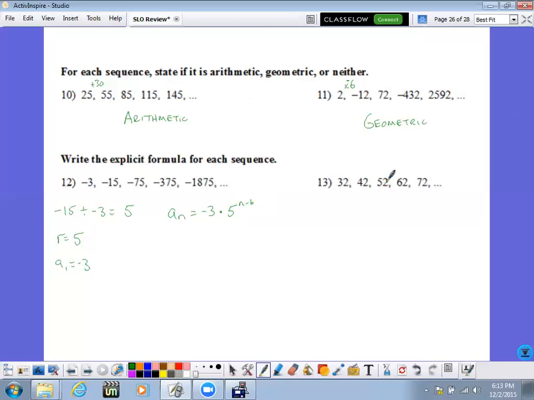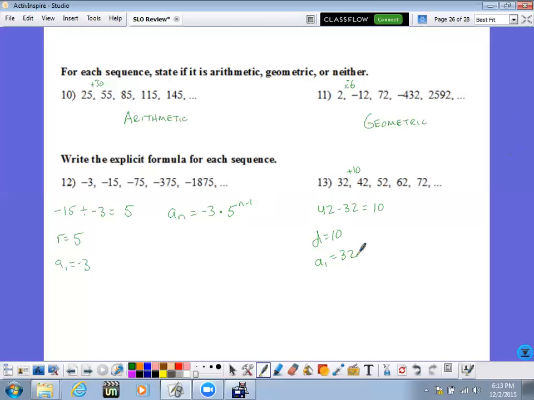This one, see how my numbers, you can see like we're ending in 2 every time. That should be kind of a hint. We're going up by 10. So we could have done 42 take away 32, and it gives me 10. Every time I do that, it should give me the same thing, 10. So that tells me my difference. And then we know our first term already is 32.